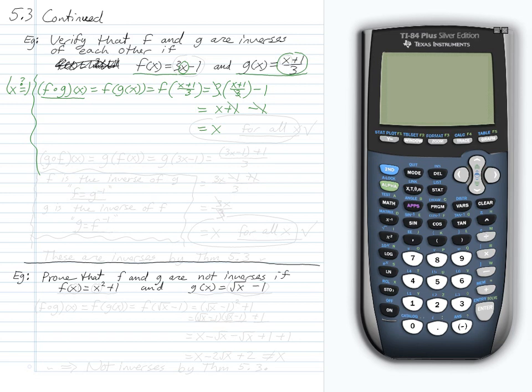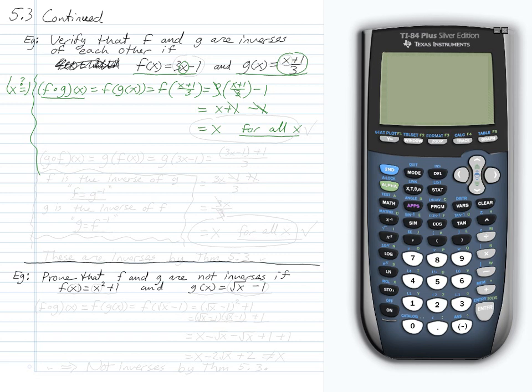This does not depend on what x is to cancel 3 and a third, or to cancel the plus 1 and the minus 1. So I would say for all x, and that part's important. We'll see later on that sometimes the steps that we take to simplify don't always hold. They may be contingent on the value that x takes.